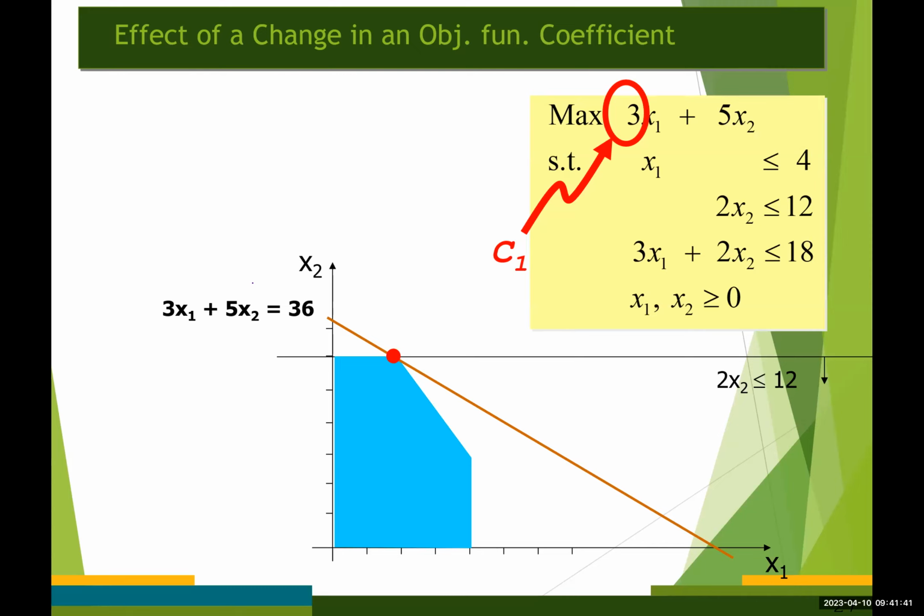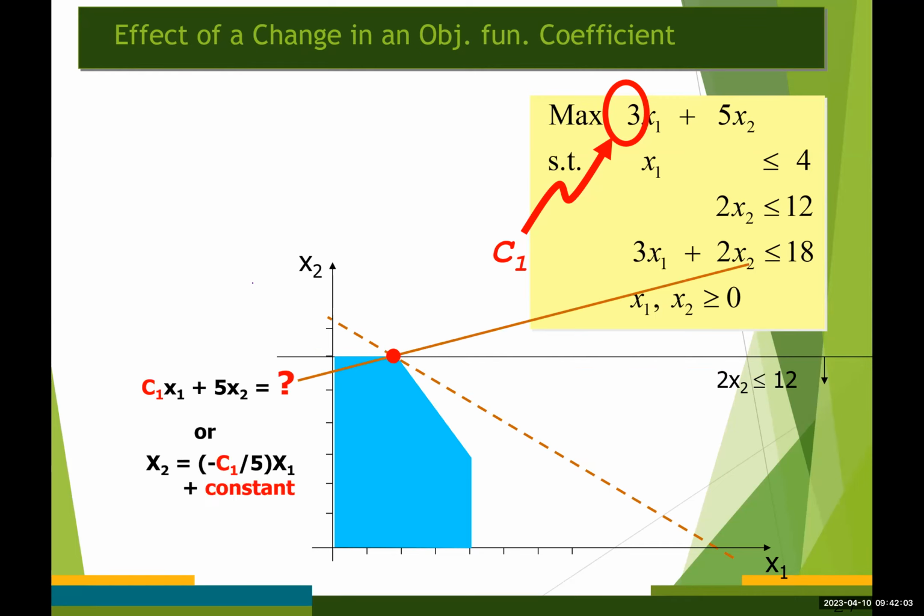So now if the value of C1 becomes smaller and smaller, eventually the slope of the isovalue line changes from negative to positive, like this. What happens to the optimal solution then? Does the optimal solution remain the same?